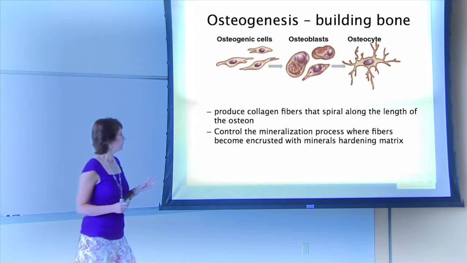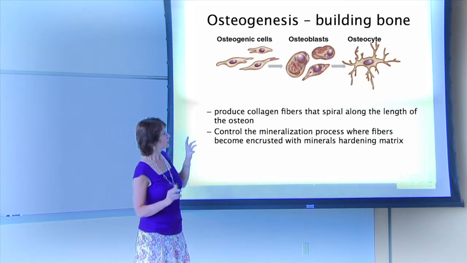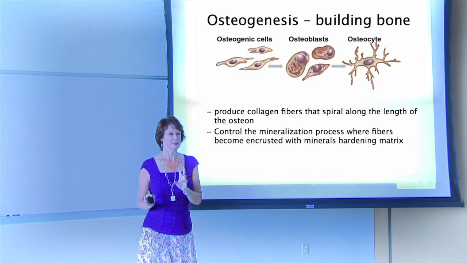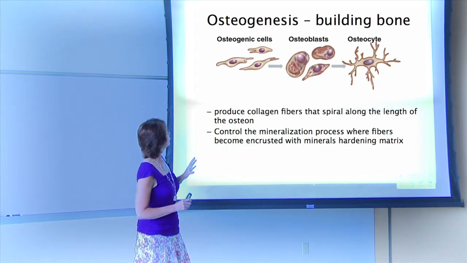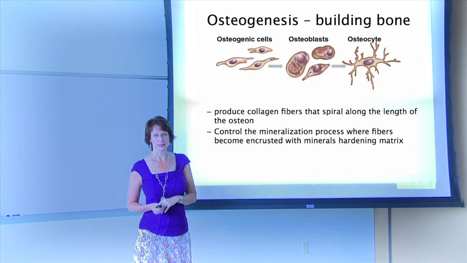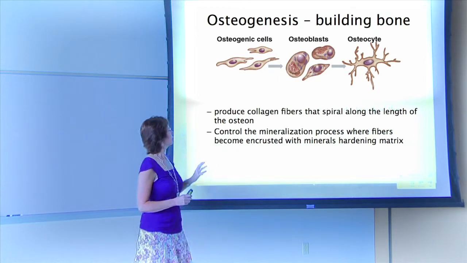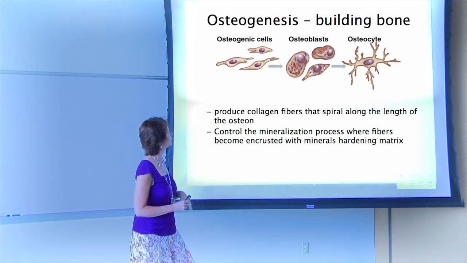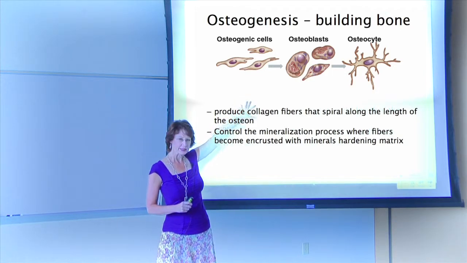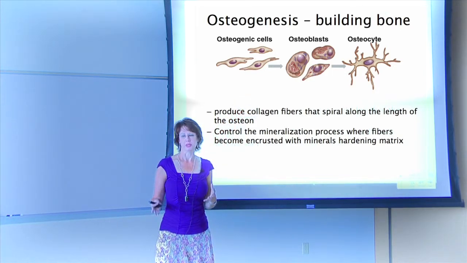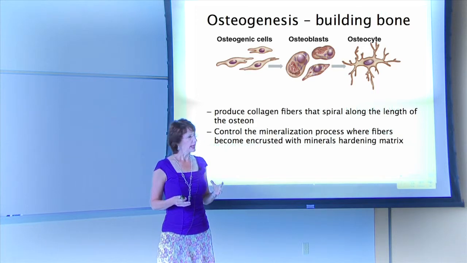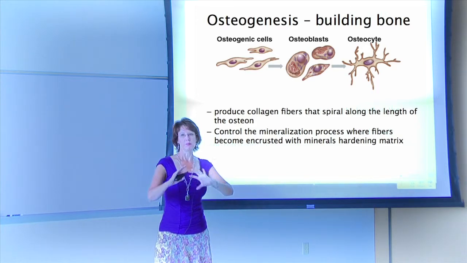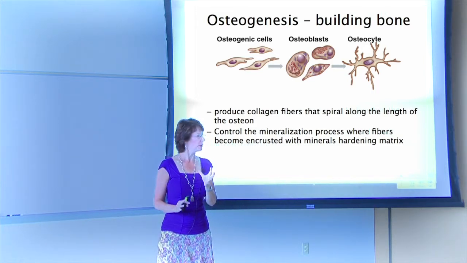The cells of the bone. So there are two really important classes of cells that we'll talk about. The first are the osteogenic cells. These cells kind of go in a continuum of maturation. The osteoblasts are the important cells for building bone. And osteoblasts actually can build both components of the matrix of bone.